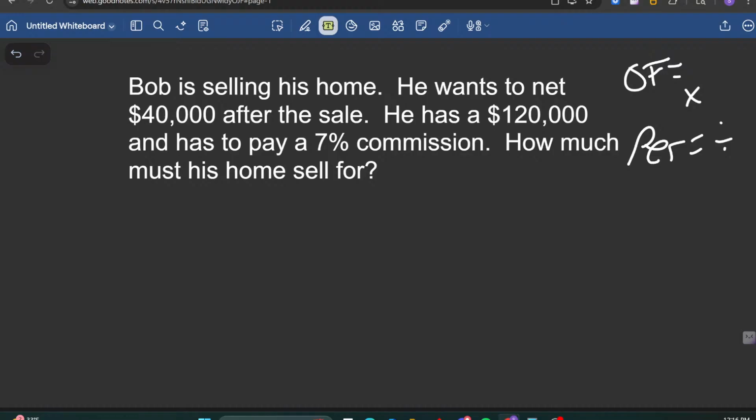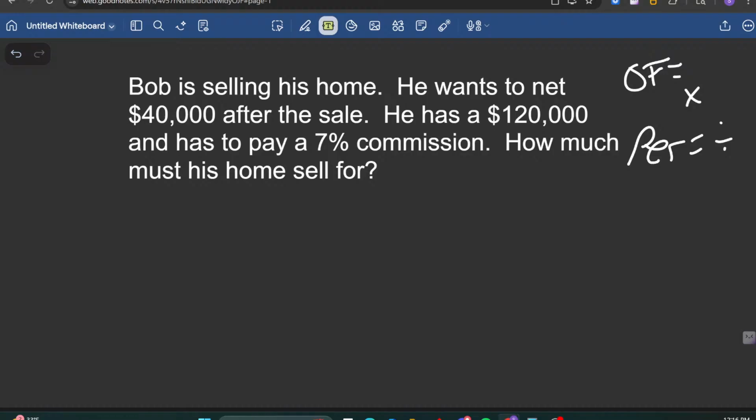Now, there are two directions that you could go in with these types of questions. The first direction is you could look at the answers and work backwards.